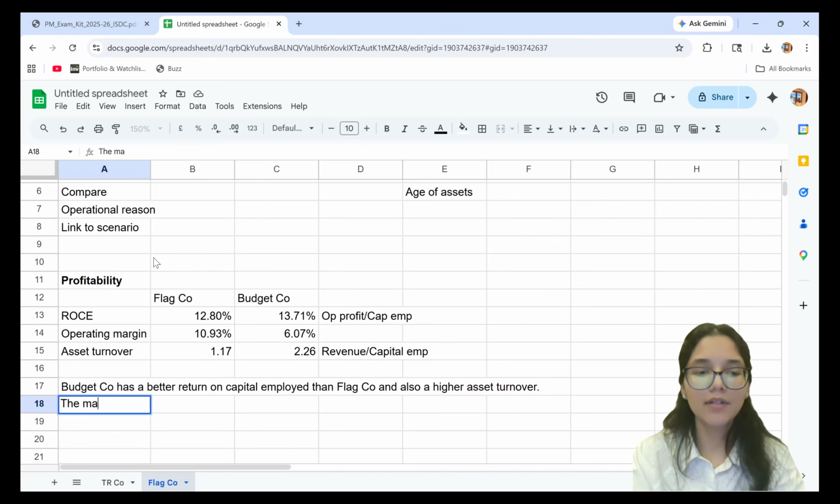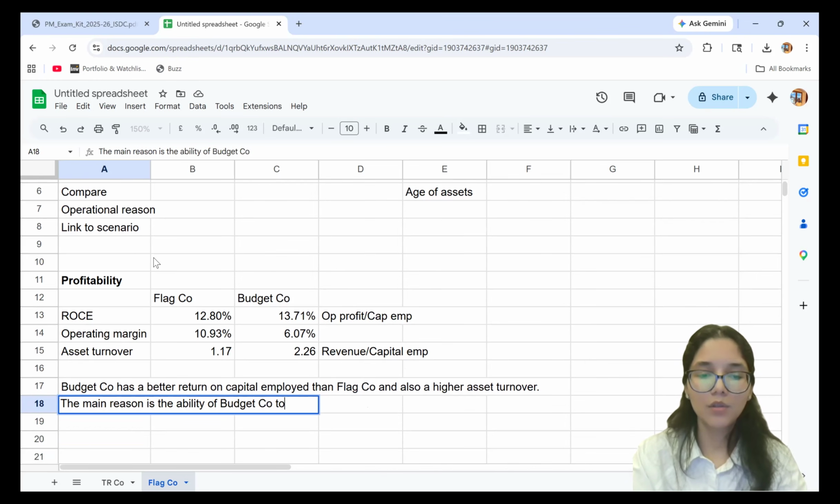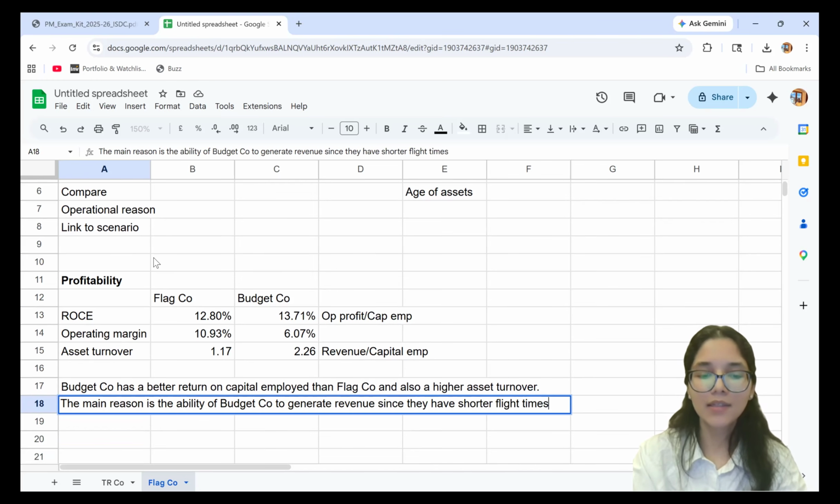The main reason is the ability of budget company to generate revenue since they have shorter flight times.